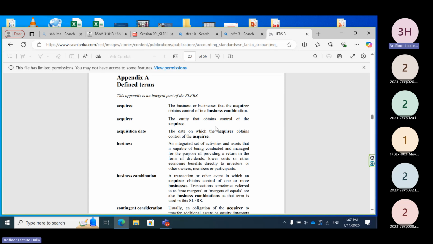Previously I mentioned that 50% also may be a parent's power, so that needs to be evaluated. In a general scenario, 50% may not be the controlling power. 20% also not, maybe an associate company with significant influence. At 60%, the date you acquire 60% over the entity may be the point you need to do the consolidation. This is the acquisition date.